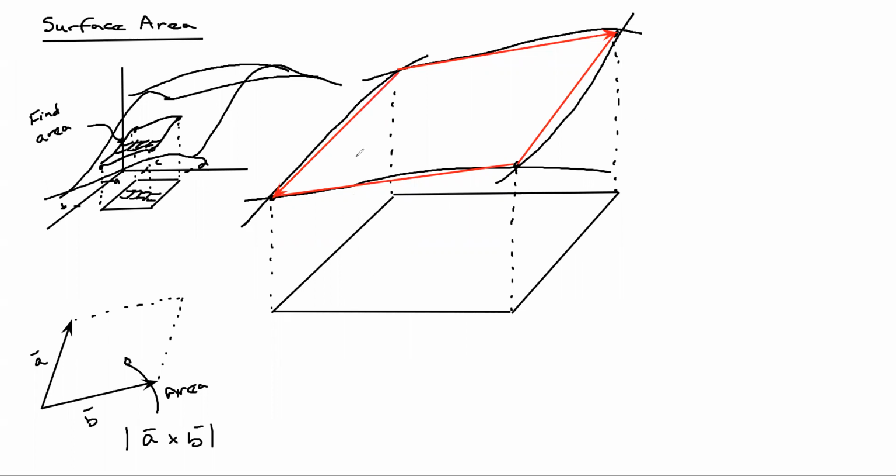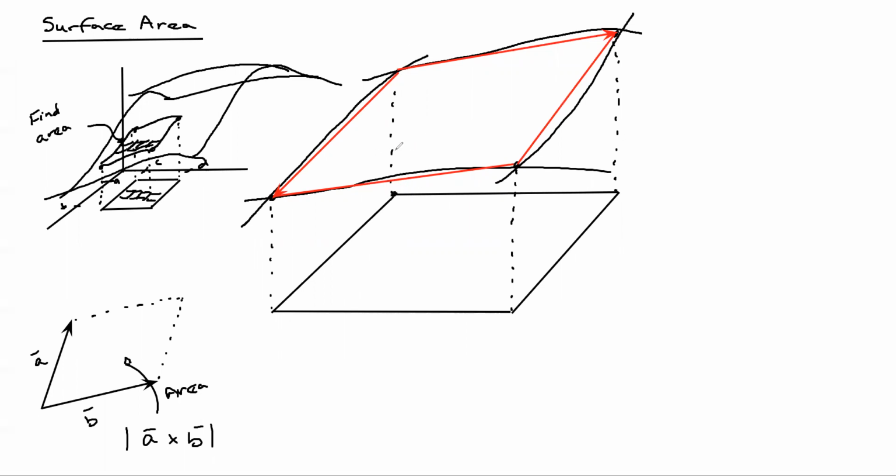All right, well, let's think about that. So what we want to do is find this red vector, this guy right here. I should have mentioned this corner here.